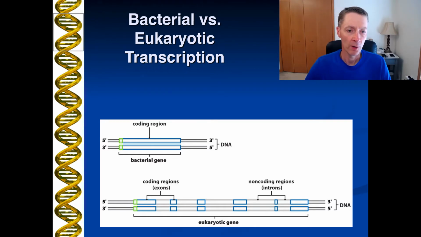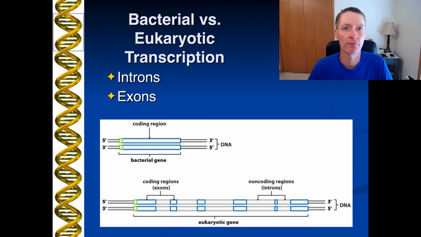One thing that is absolutely a difference is that the DNA code in eukaryotes has extraneous, non-coding information. Prokaryotes like bacteria do not have this extraneous non-coding information, right?